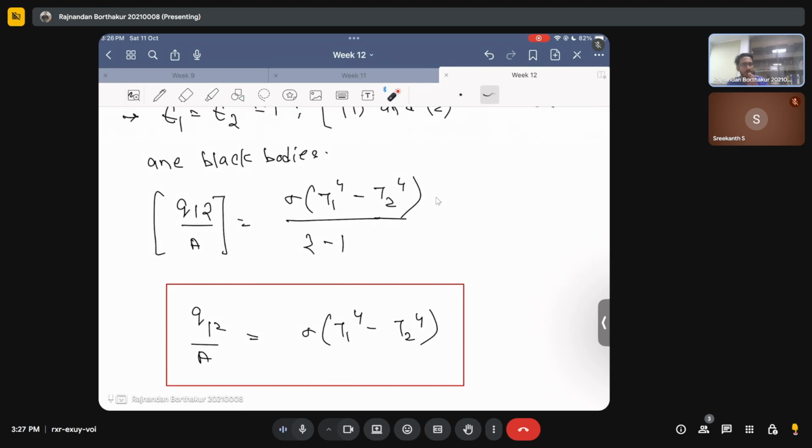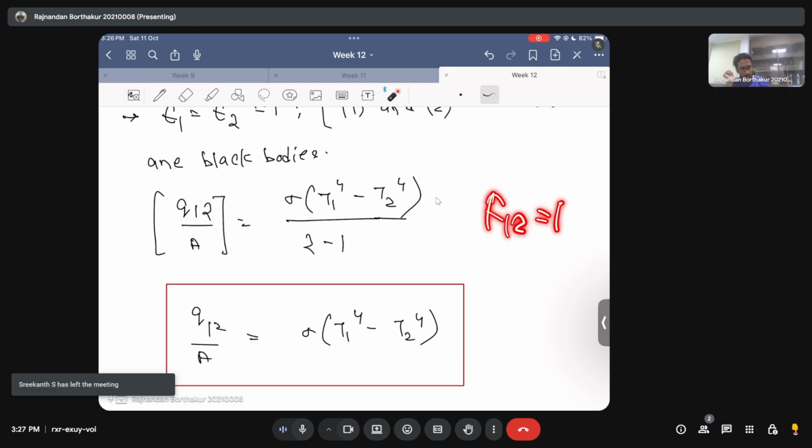Again, this is obvious because the plates are infinitely large and they are flat, which means that their individual view factors, that is F11 and F22, are going to be equal to 0, because for a flat surface, no amount of radiation which is leaving its surface can strike back its surface itself, which will then give you the fact that F12 is equal to F21 and this is equal to 1.